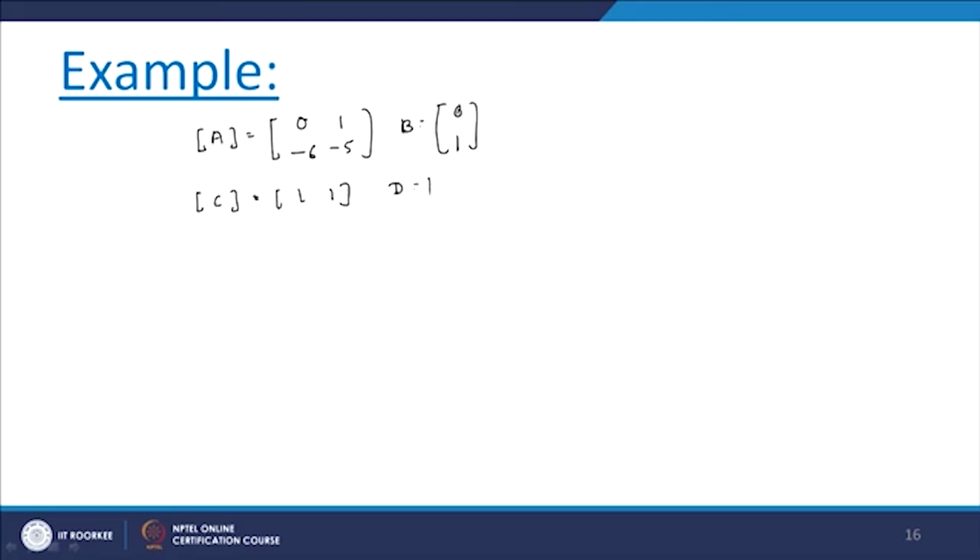Your system is represented by, say, matrix A is [0 1; minus 6 minus 5], this is the A matrix, B matrix as [0; 1], C matrix as [1 1], and D matrix is 0.